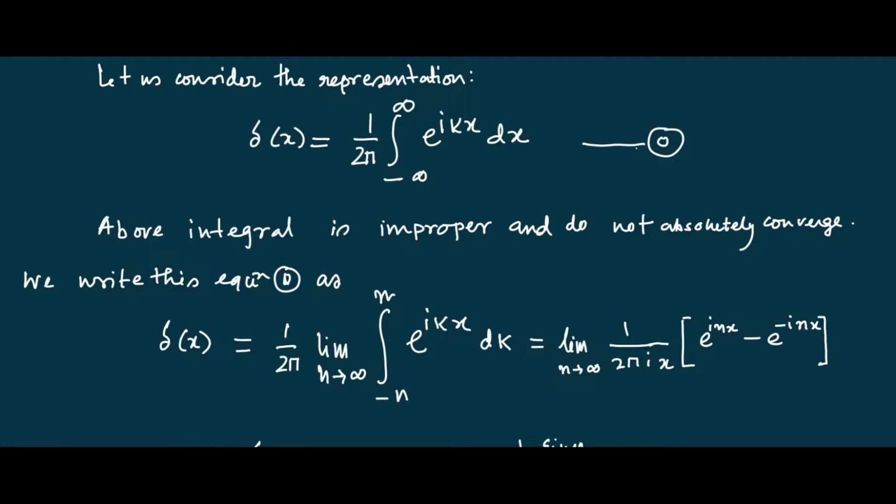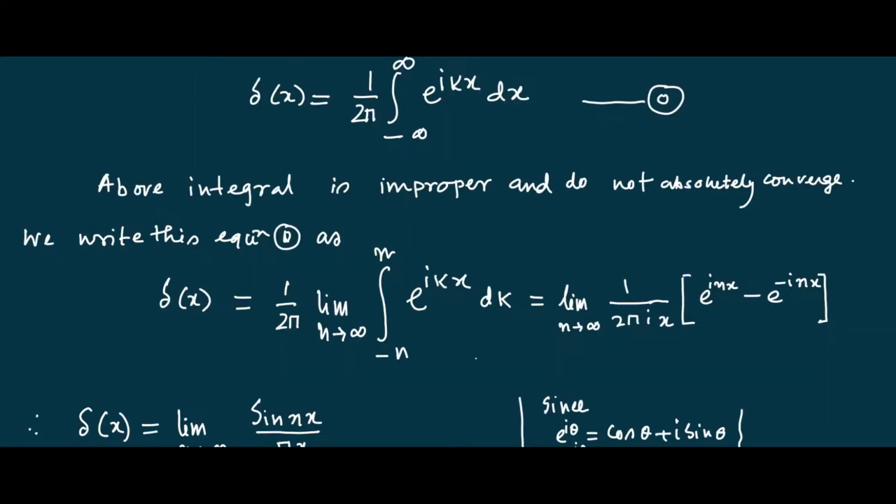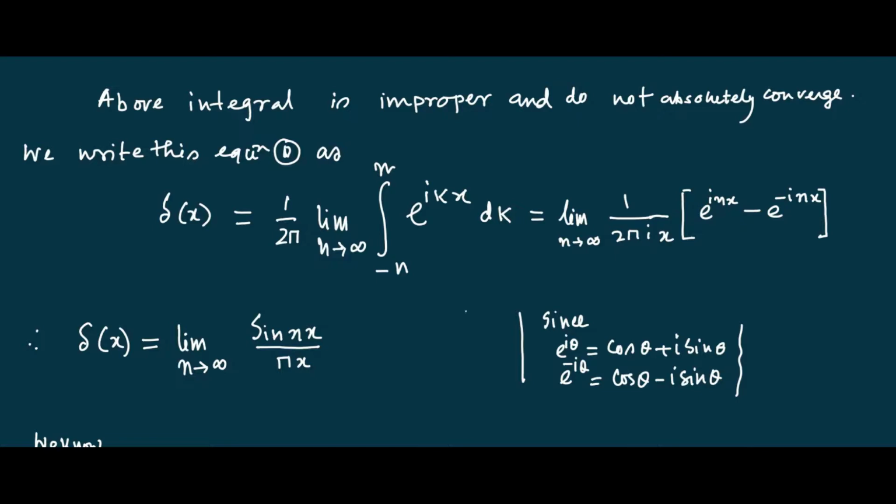If you integrate this, it gives e to the power i n x minus e to the power minus i n x, divided by 2 pi i x.